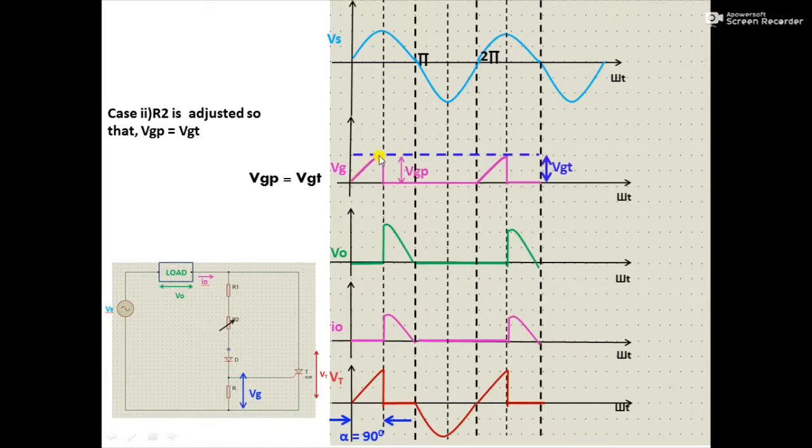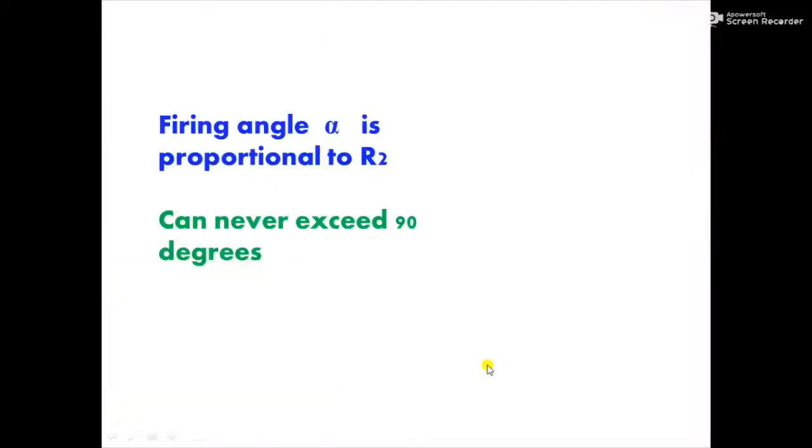VGP becomes equal to VGT only at this instant, only at 90 degrees. Beyond 90 degrees, VGP is never equal to VGT. That is why your firing angle will never be greater than 90 degrees. So the firing angle is always between 0 and 90 degrees. It can never exceed 90 degrees. So this is all about your SCR resistance triggering method, or resistance triggering circuit. Thank you.